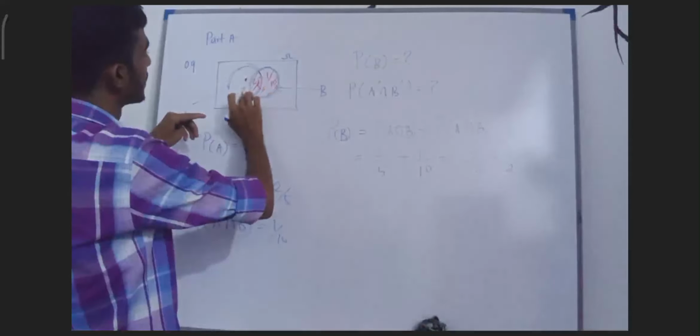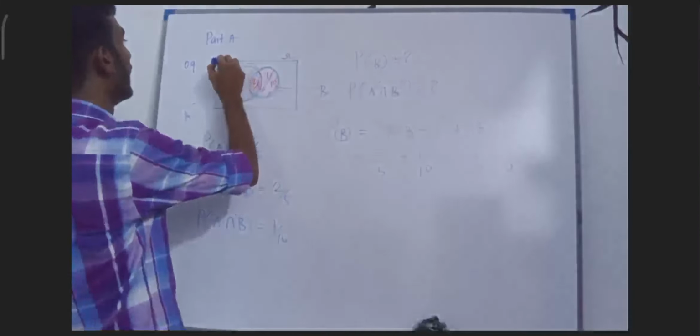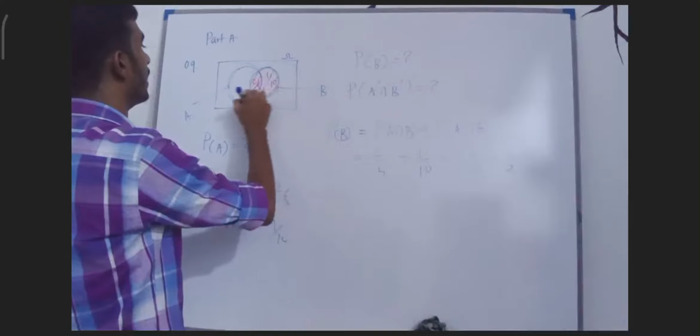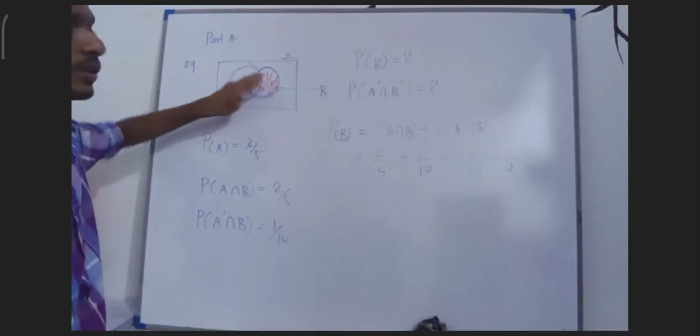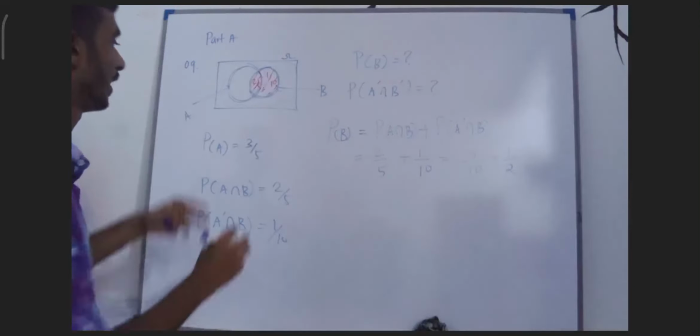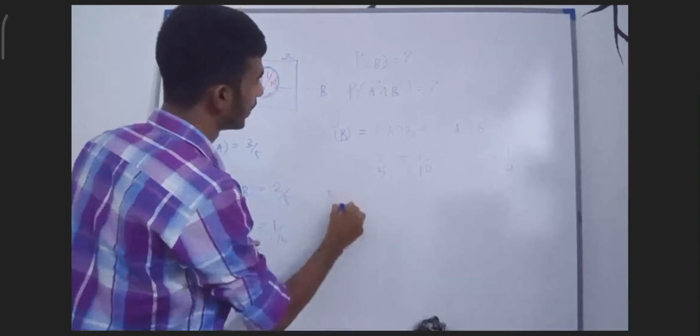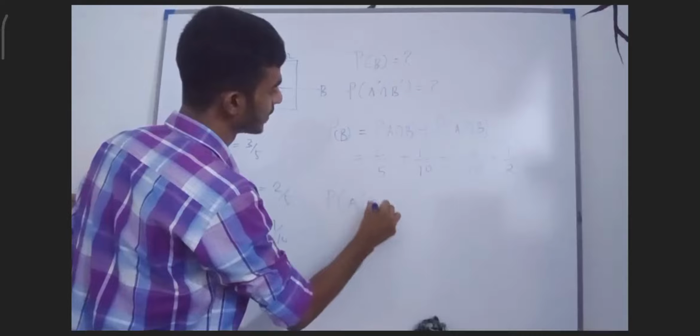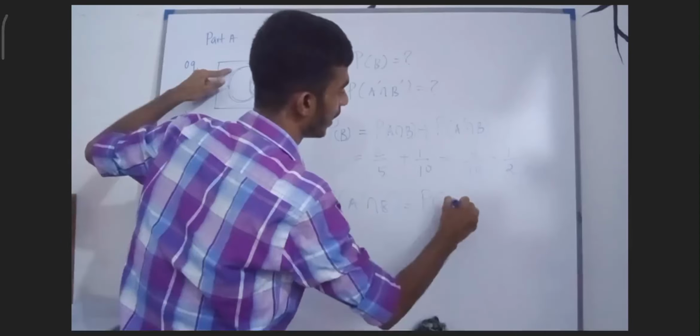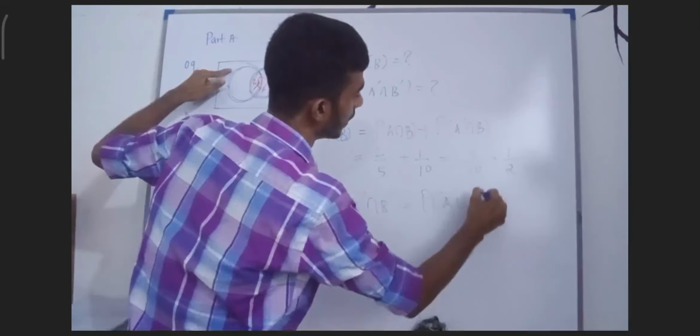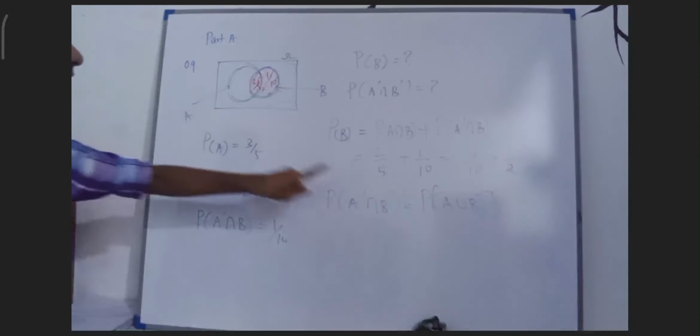So for both cases, the common area is the outside area excluding these circles, right? Which literally means probability of A dash intersection B dash is equal to probability of A union B dash. Okay, so this area is this.